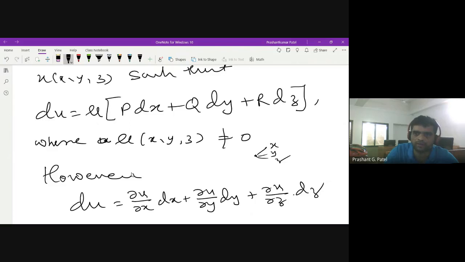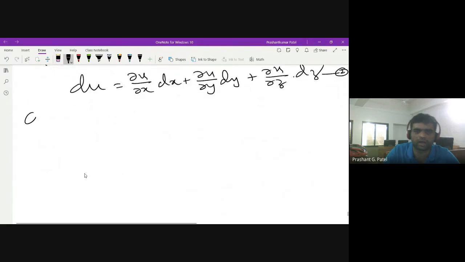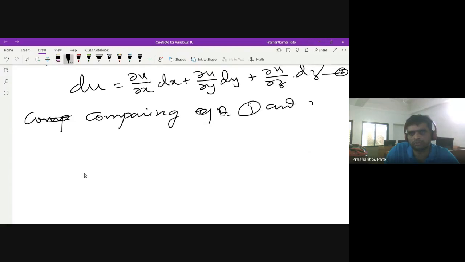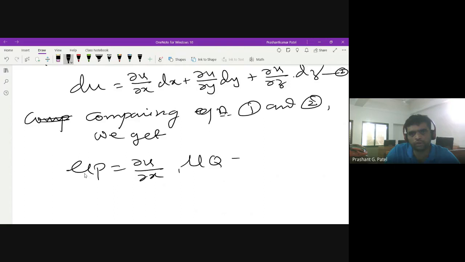So if we compare these, say this is equation 1 and this is equation 2, comparing equations 1 and 2, we get mu P equal to del u by del x, mu Q equal to del u by del y, and mu into R is equal to del u by del z.